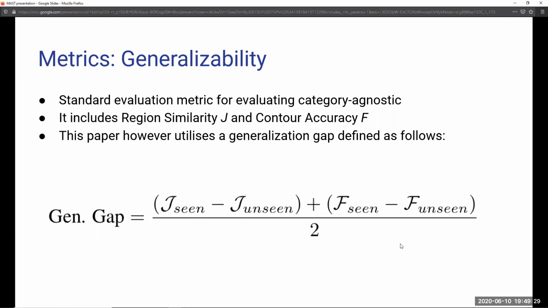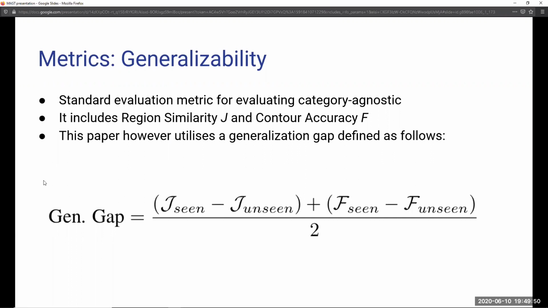So one other thing that was really great in this paper, and it was really different, was the way that they had their metric for evaluating the unseen versus seen categories.